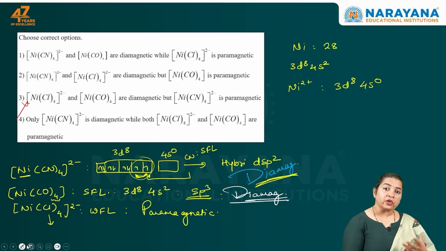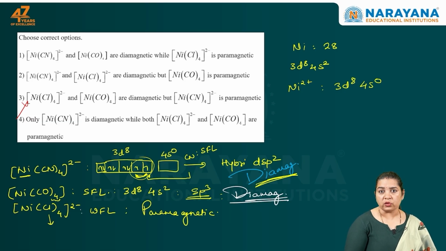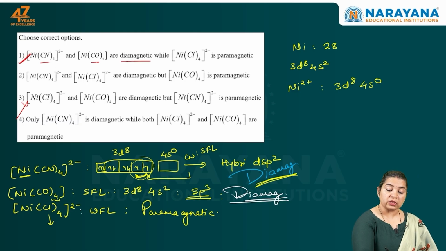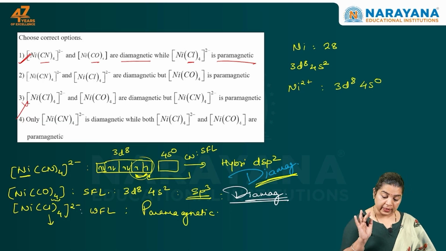If you see your regular PYQs and your CBSE based questions, these 3 complexes are asked several times. So please be thorough with which are the strong field ligands, which are the weak field ligands, and what the effect will be. Basic and good question. So the answer seems to be the first, because CN and carbonyl we concluded are diamagnetic and Cl was paramagnetic. Yes, that is the answer for this question.